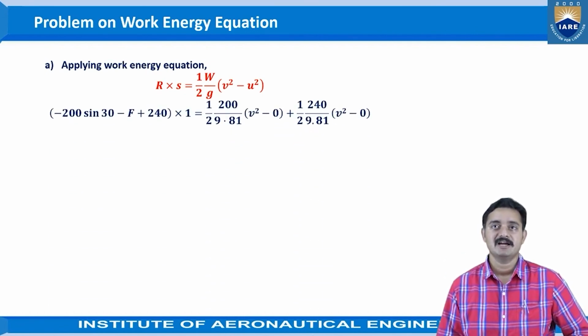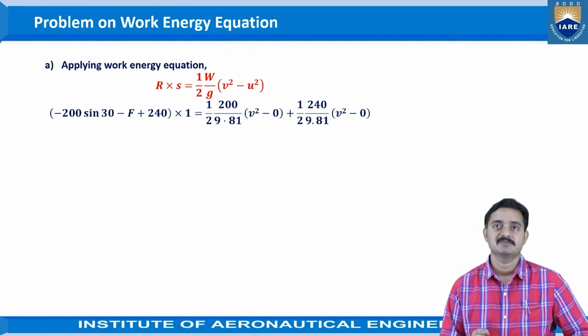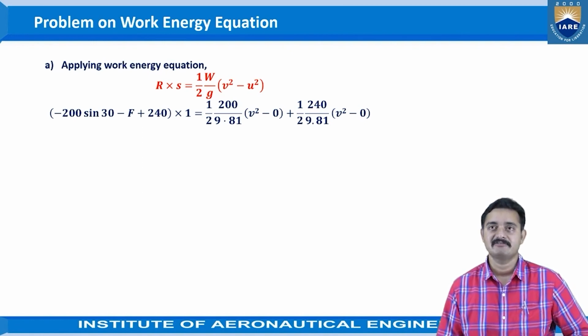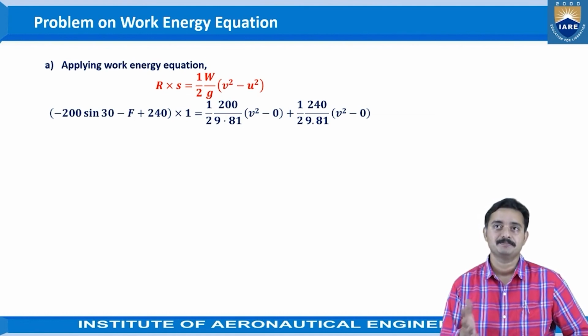Substituting the values of the forces involved in the system, that is 3 forces, minus 200 sine 30 minus F plus 240 into 1 meter, the distance travelled, is equal to 1 by 2 into 200 by 9.81 (V square minus 0) plus 1 by 2 into 240 by 9.81 (V square minus 0). So this summation of the change in kinetic energy we are applying at a time for both objects. The first part of the summation is for body 1 and the second part is for body 2.